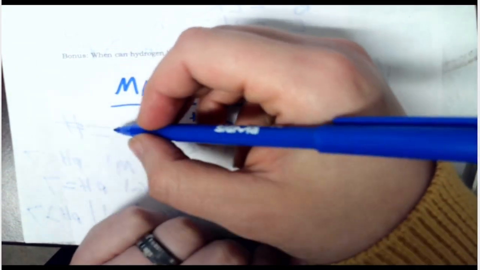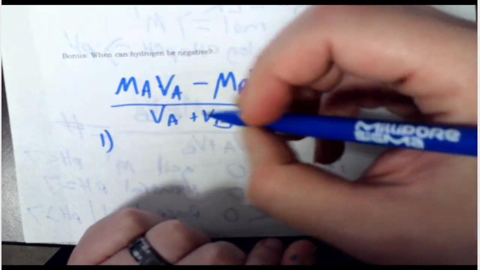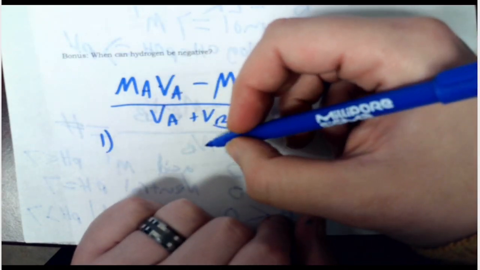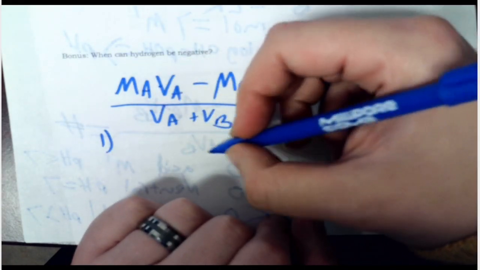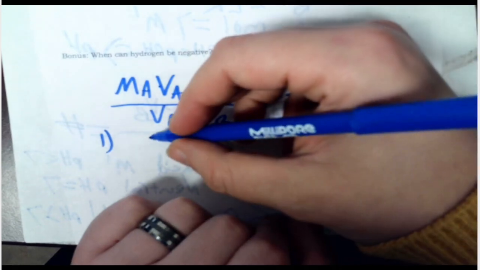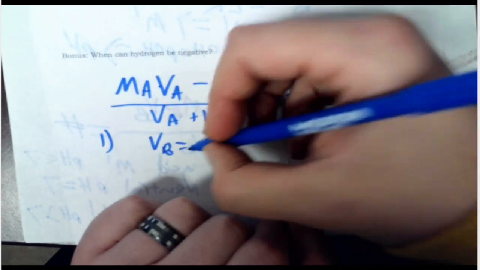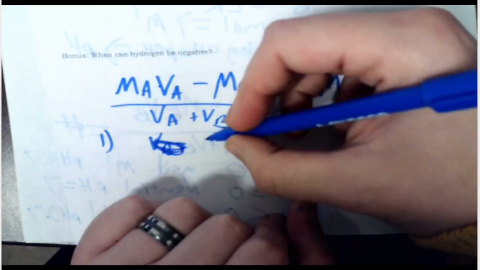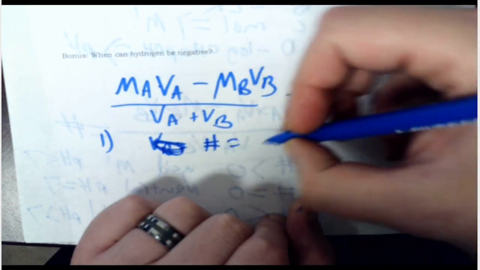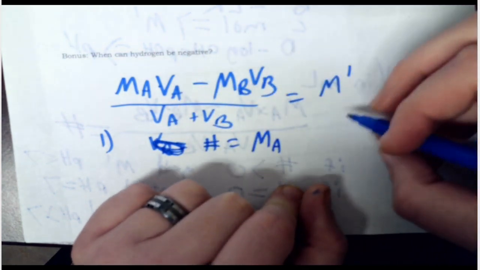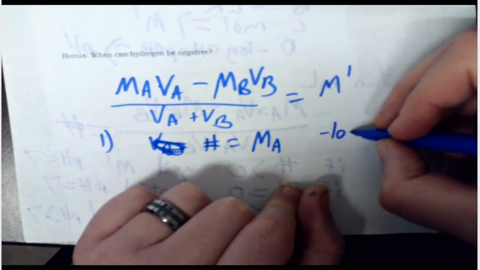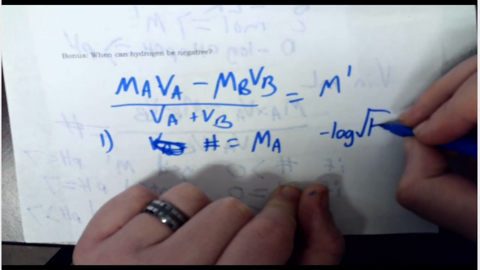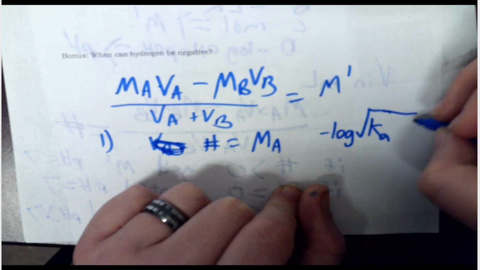When it's in situation 1, when essentially you'll have to recognize when Vb is, I guess when the number is equal to Ma, it's just going to be the negative log of the square root of Ka M.